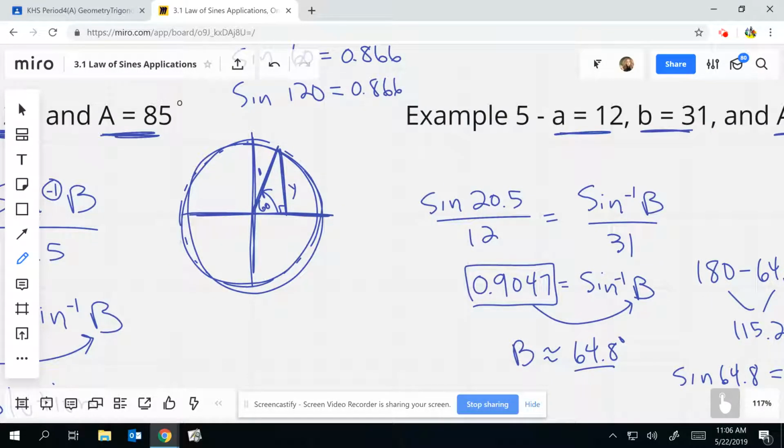Well, think about what 120 looks like. 120 starts here, goes past 90, and goes 30 degrees more, so it ends up going about up to here. That's going to be 120. But when we draw in our right triangle, it's the identical triangle.